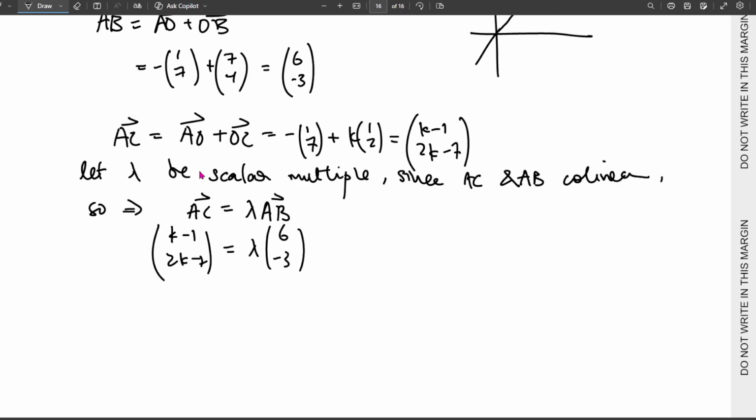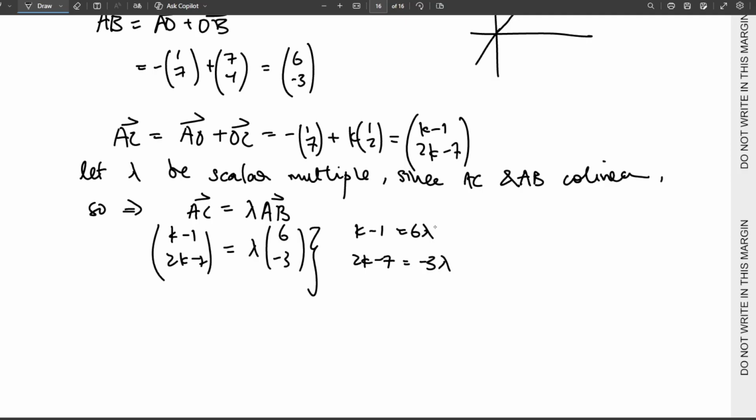In vector form, you can equate just the i and j components, so we take them as separate equations. K minus 1 equals 6 lambda, and 2K minus 7 equals negative 3 lambda.